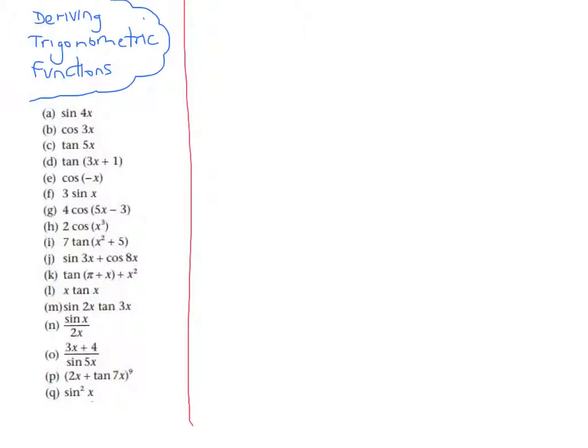So this video looks at the derivatives of trig functions, and I've got some examples there, but let's first write down the derivatives of sine, cos and tan for this lesson only.